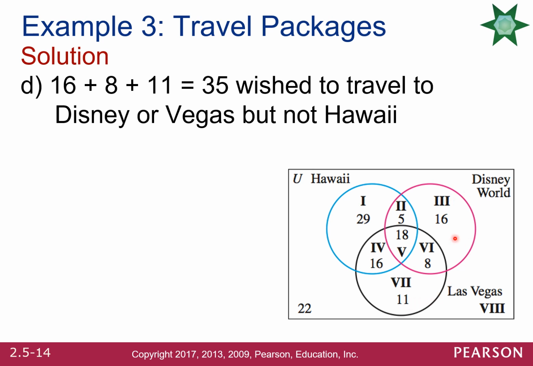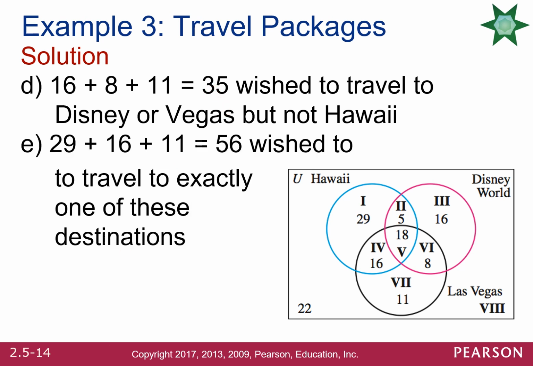So it could be people who want to go to Disney World and aren't interested in any other destination, or people who want to go to Las Vegas alone, or people who want to go to both Disney and Las Vegas. So 16 plus 8 plus 11, the sum of that, 35, is the solution.